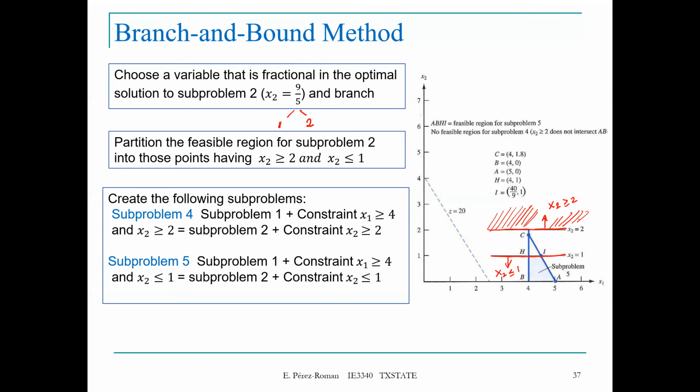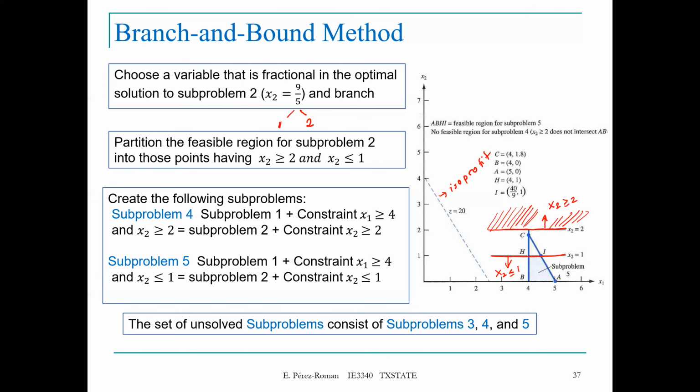So what we find out now, let's see. Remember, this is your isoprofit line. So we use the isoprofit line to find the optimal solution now for subproblem 5. The set of unsolved problems consists of subproblems 3, 4, and 5 at this point.